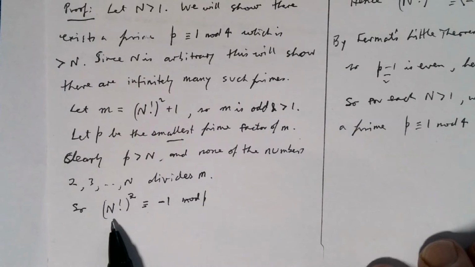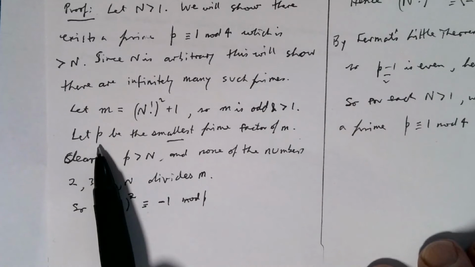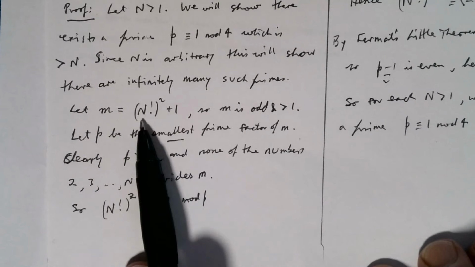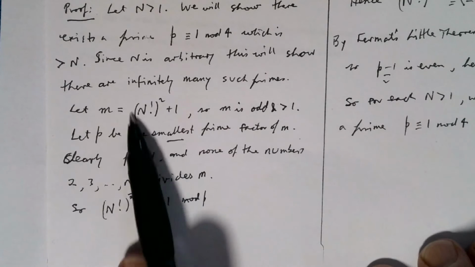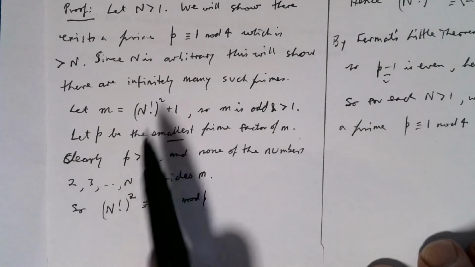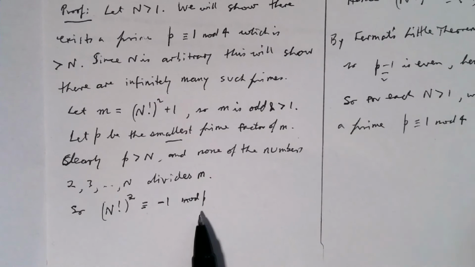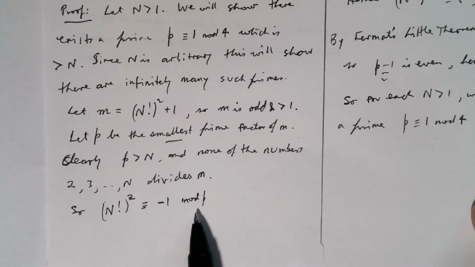That means then that modulo this prime p, this thing has to be 0 mod p, because p is a prime factor of this, and so that says n factorial squared is minus 1 mod p. Now I'm going to raise both sides of this to the power p minus 1 over 2.